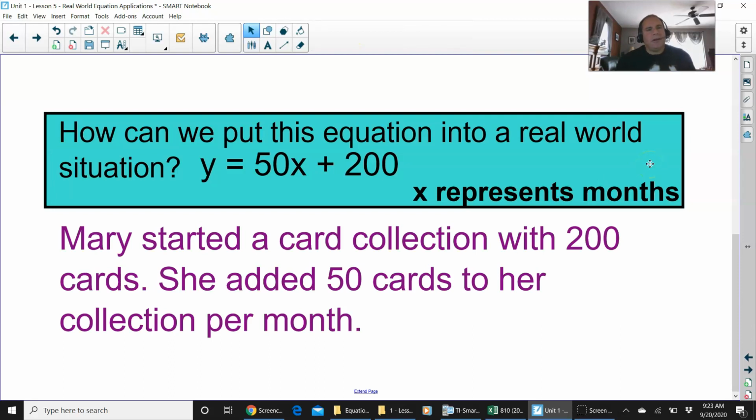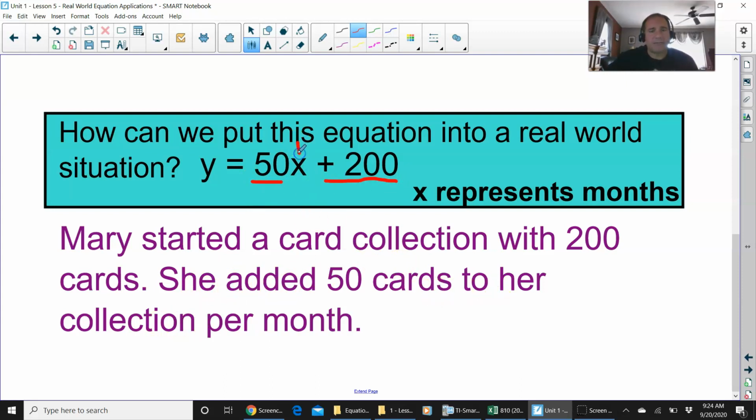All right, so how can we put this into a real world situation? Well, I didn't use money this time. I used cards, or you could use whatever you want that someone collects. Mary started a card collection with 200 cards. That is this right here. It's the initial value. This is initially what she had. She added 50 cards to her collection per month.